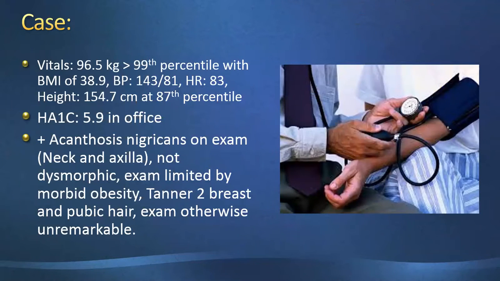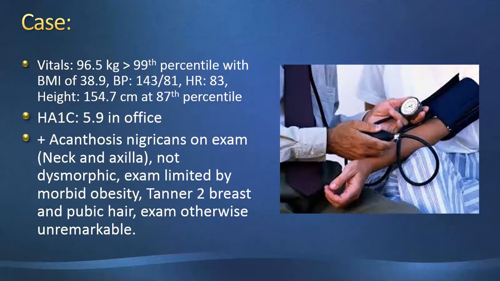Looking at this, we've got a weight of 96.5 kilograms, well above the 99th percentile, and a BMI that's now 38.9. We've got some hypertension going on, with a 143 over 81. Heart rate's normal. Height is at the 87th percentile, which is probably driven to some degree by overnutrition.